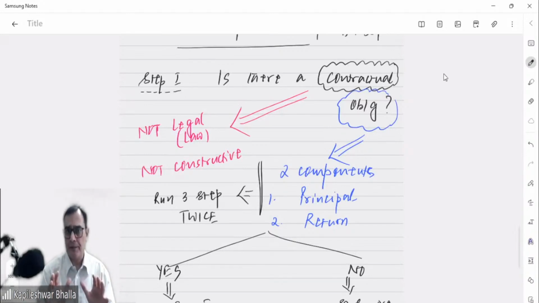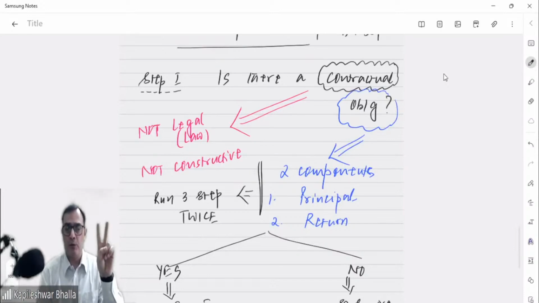So, model of the story. When you look at a particular question, focus. Step number 1: is there a contractual obligation? When you look at step number 1, focus one: the obligation has to be contractual, not by law, but by contract, not constructive in nature.